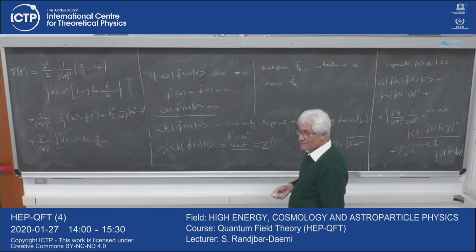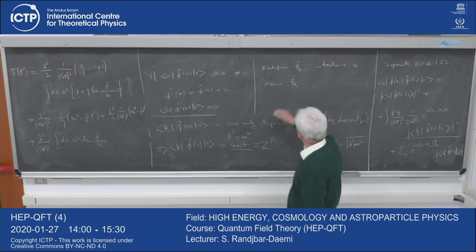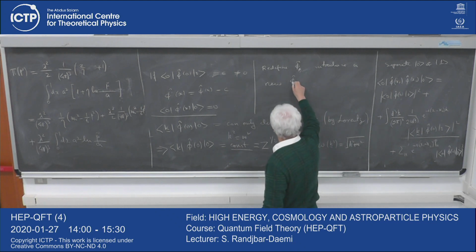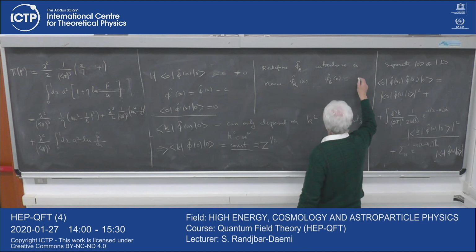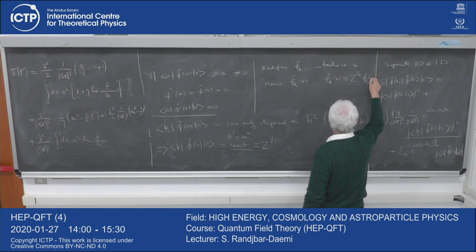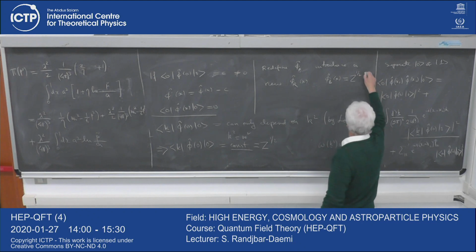So this is field renormalization. Historically, it is called wave function renormalization, but there is no wave function. It's just a field operator renormalization. So we define this new phi, the new field operator, by simply saying that phi bare equals z to the power of 1/2 times phi renormalized.